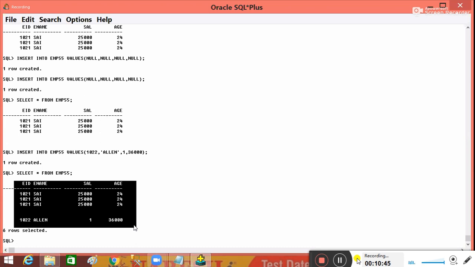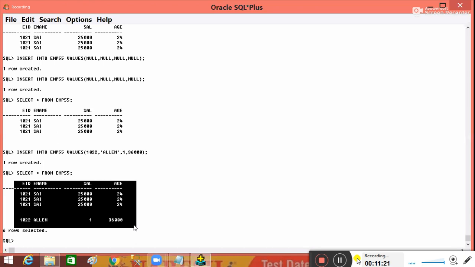But tell me guys, can I accept this kind of table in real time? No, we can't accept this kind of data in real time, because unnecessary data is accepted, duplicates are accepted, meaningless data is accepted, nulls are accepted.